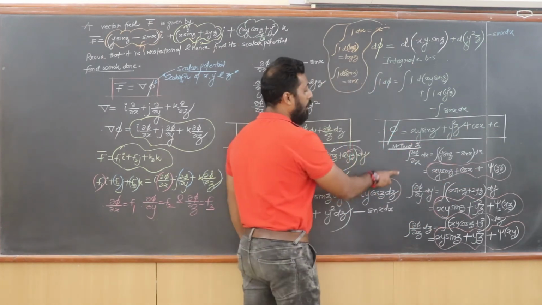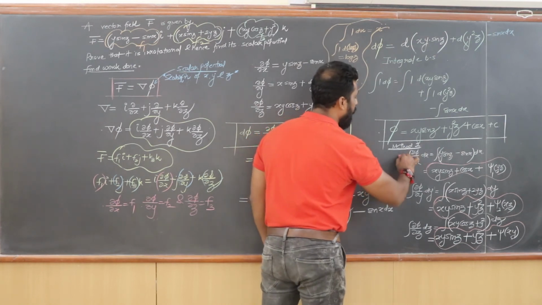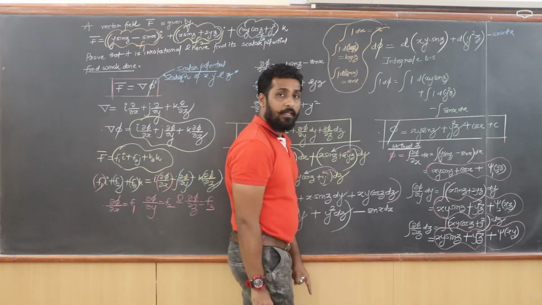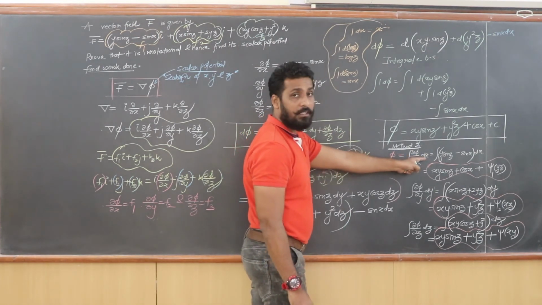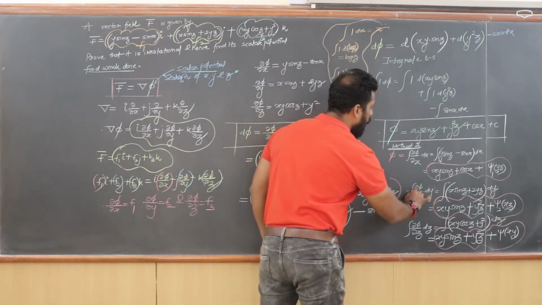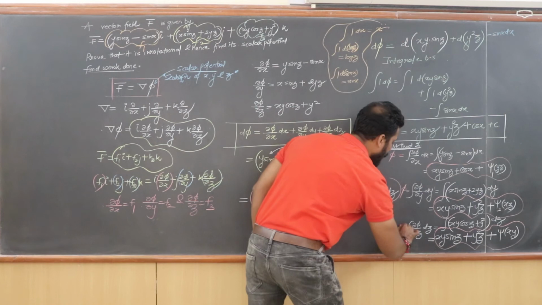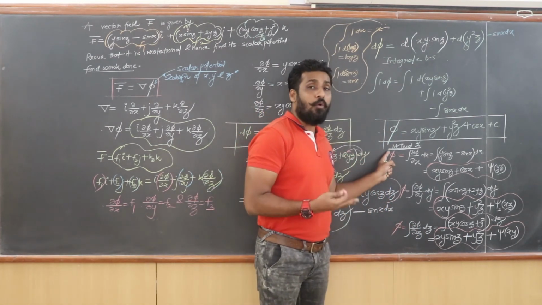Now, if you remember, derivative and integration, if they come together, you get the function phi. So it is like ∂φ/∂x integrated with respect to x, you should get phi. ∂φ/∂y integrated with respect to y, you again get the function phi. So it does not mean you are getting function phi 3 number of times.